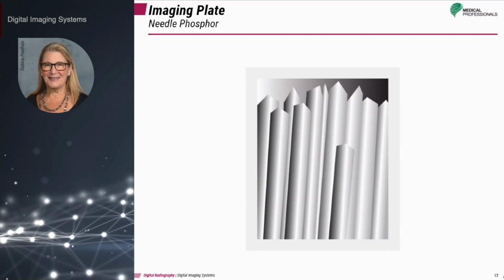As can be seen in this particular slide, these phosphors resemble needles that are standing on edge. This structure, though, results in less light diversion and therefore better spatial resolution. Cesium iodide is an example of this type of phosphor.